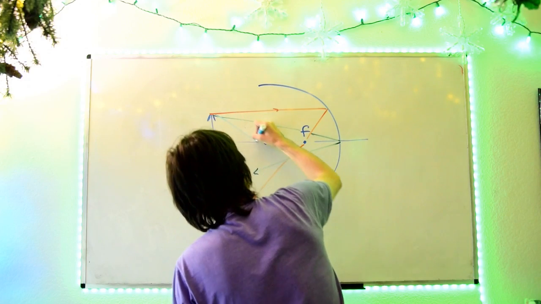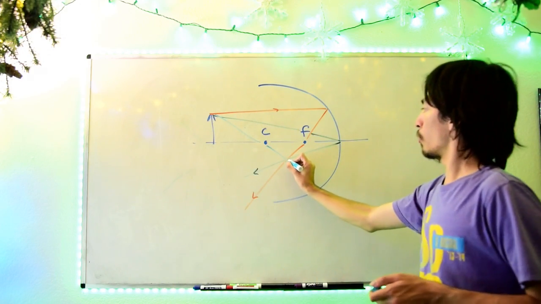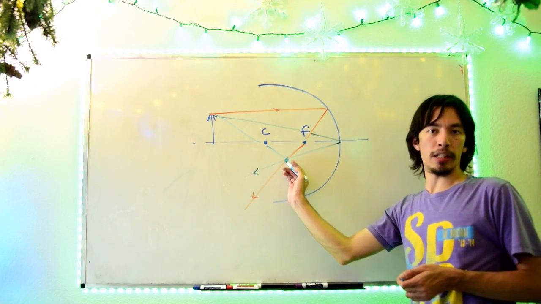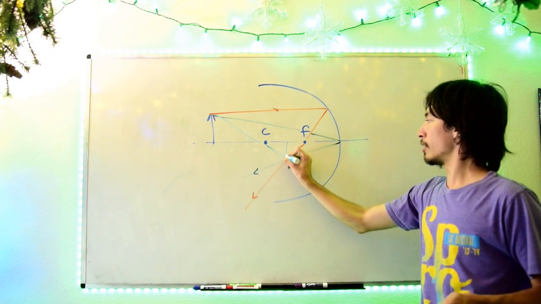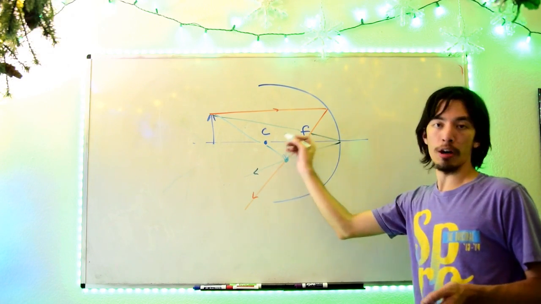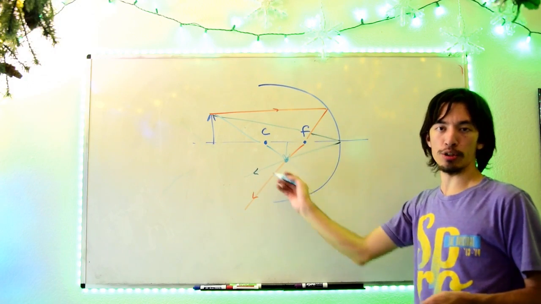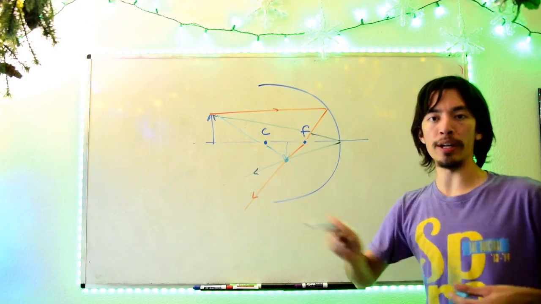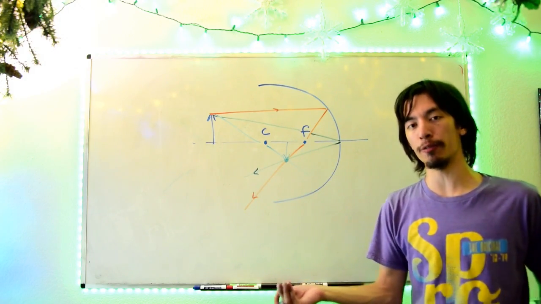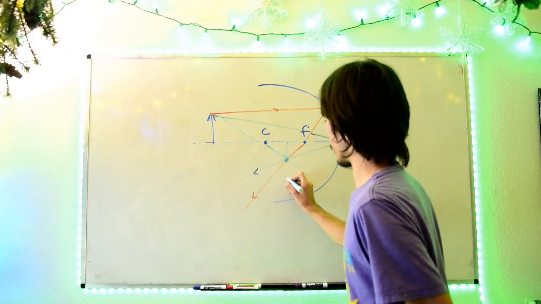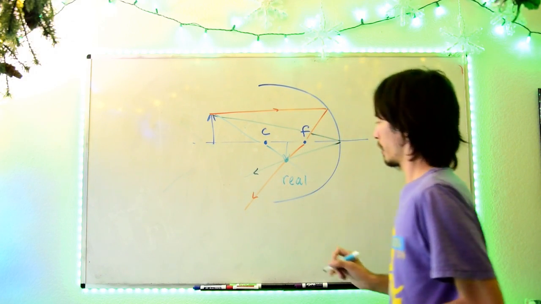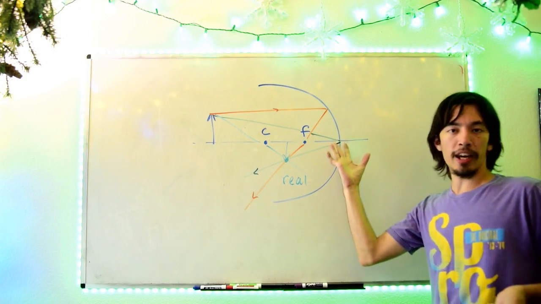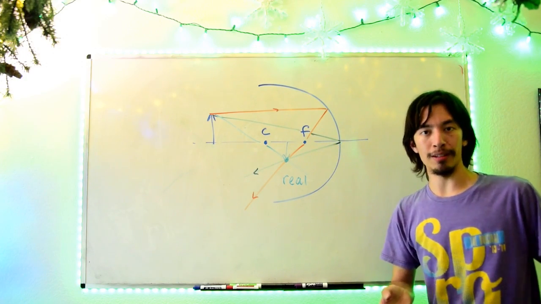Okay, so here's the point of intersection. There's your image. Notice that the light actually does cross here. The rays actually do cross here. You don't need to trace them back and see where they appear to come from. This produces a real image.